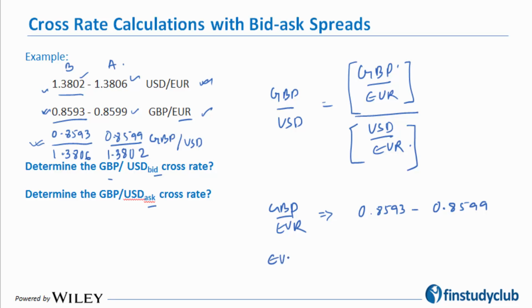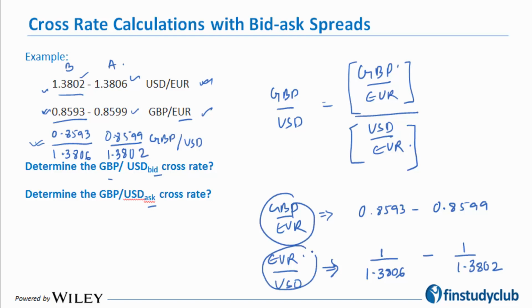In other words, the Euro USD rate is going to be the reciprocal of this, and in case I take the reciprocal, I need to swap: 1 by 1.3806, 1 by 1.3802. Alright, now for me to get the GBP USD rate, I need to multiply this with this. So I basically multiply this with this, which is as good as 0.8593 divided by 1.3806, and I multiply this with this. And again, it's pretty easy to understand why it should be so.